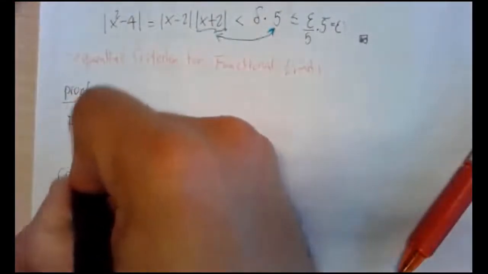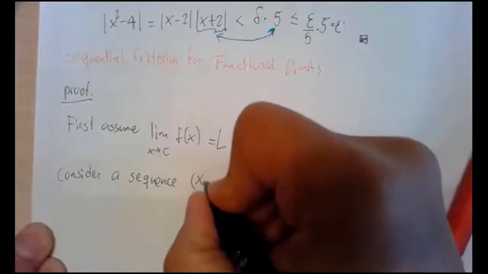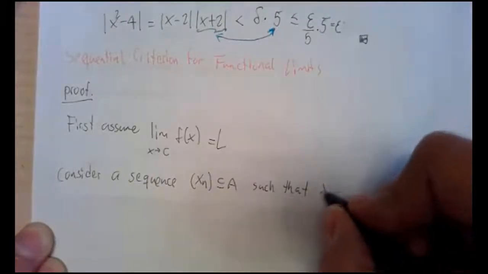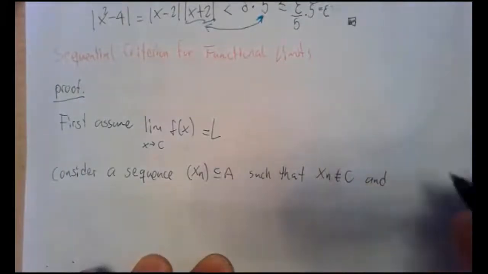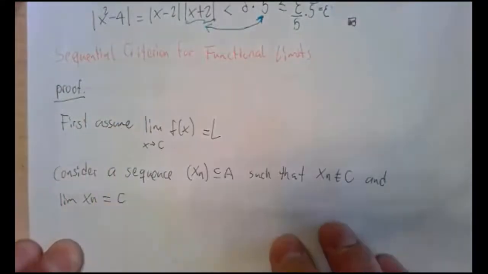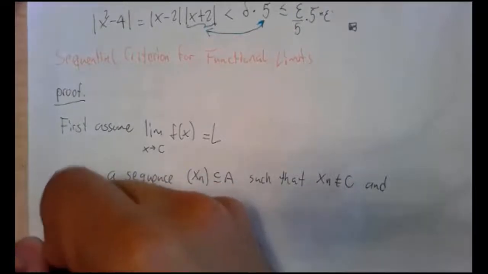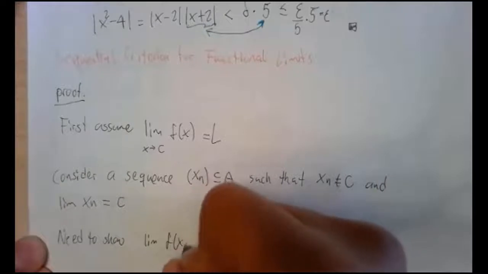So consider a sequence xn inside A such that xn is not equal to C and the limit of xn is C. So we pick a sequence that approaches C. And now I need to show that when I apply the function, the f of xn, I need to show that the limit of f of xn is L.